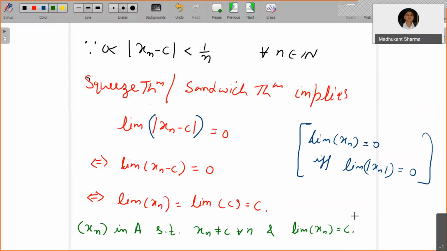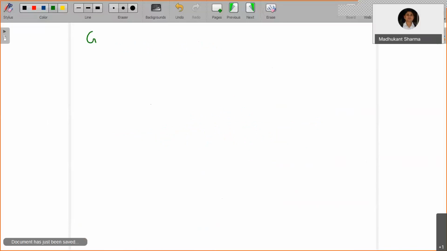And this is indeed an if and only if. So c is a cluster point of A if and only if you are able to extract a sequence in A satisfying this. So this is also sometimes taken as a definition of being a cluster point of a certain set A. Right. So what is happening geometrically here?